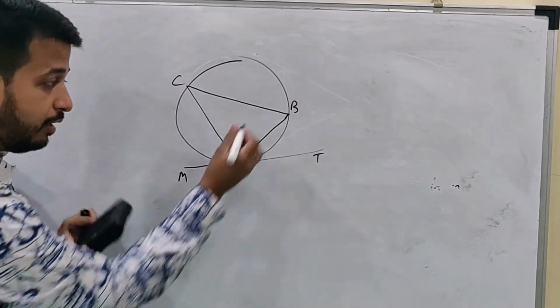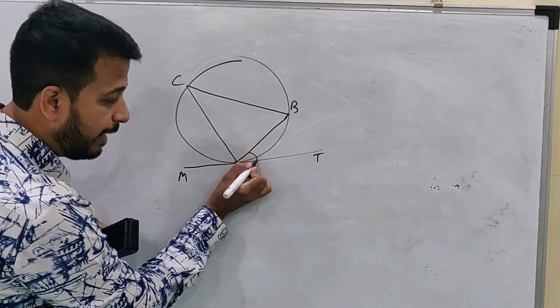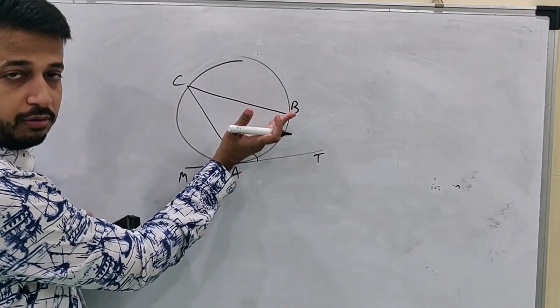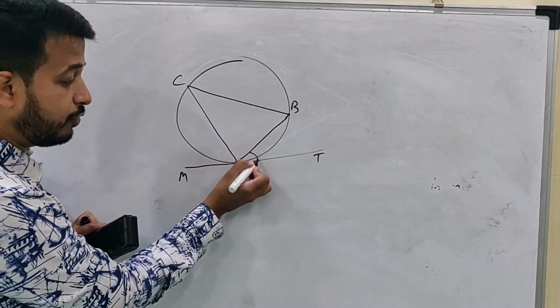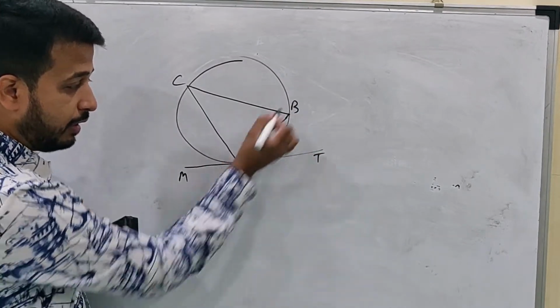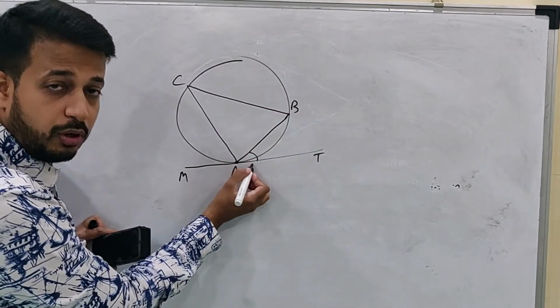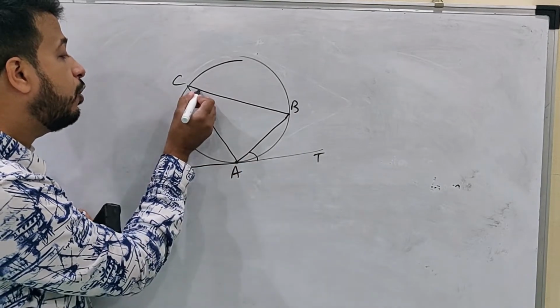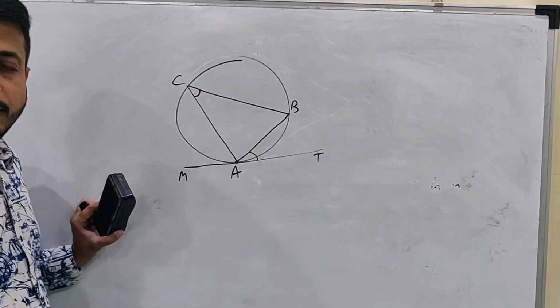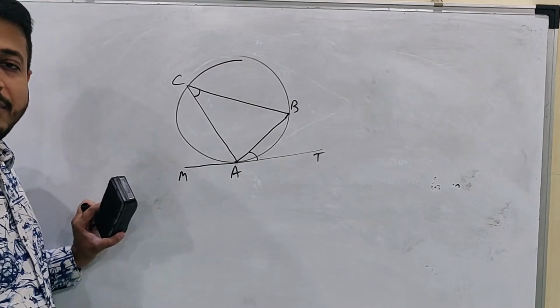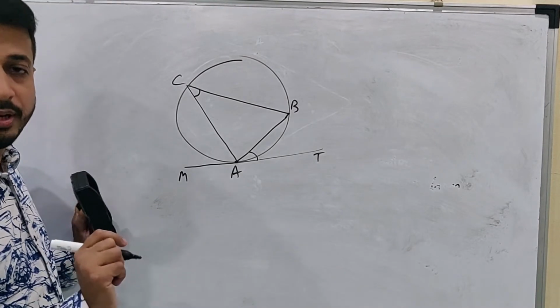If an angle is formed between a tangent and a chord, it is equal to the angle formed in the alternate segment. So this property is named the alternate segment property.